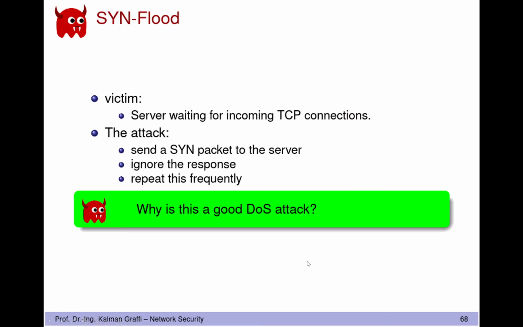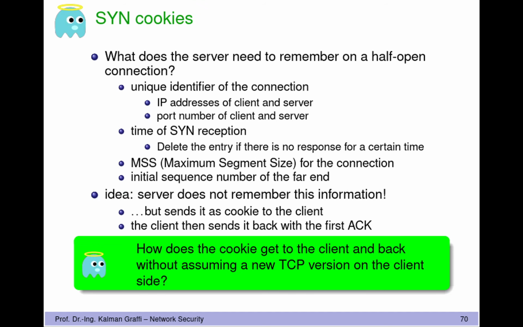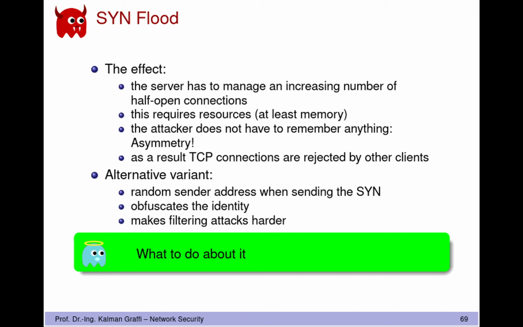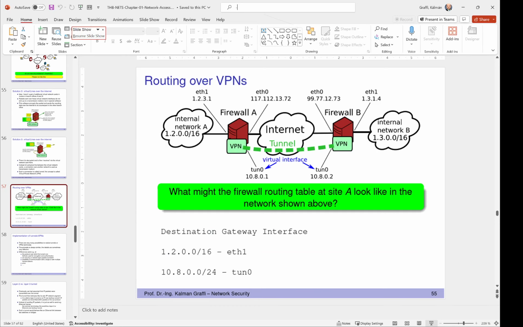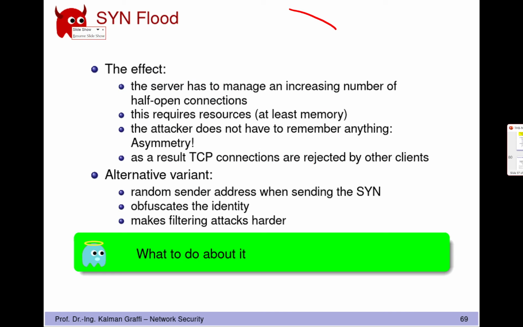One approach is if there are protocols which allow you to send small packets, which reserve larger resources at the server side. For example, with the SYN flood, where you try to establish a new connection, but actually you are not really interested in that.